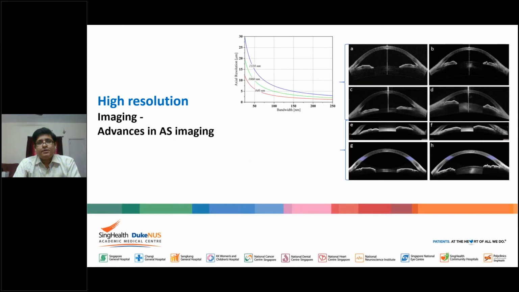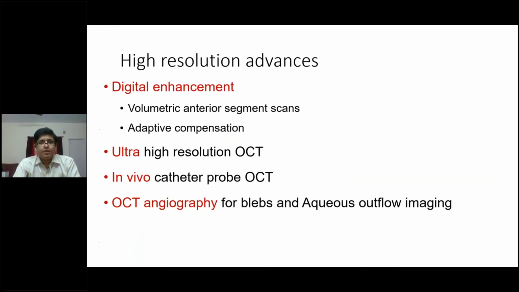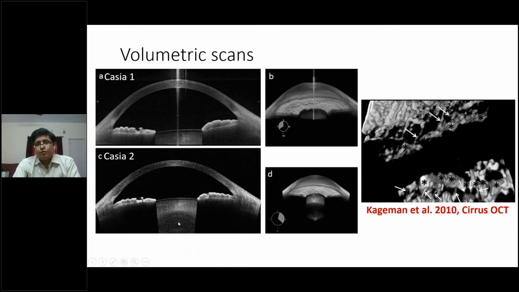Coming to high resolution imaging, this will be the last part of my talk. With advancing high resolution technologies and computer speed, we are having digital enhancements of the images, ultra high resolution OCTs, and OCT angiography, which can be used for both open and angle closures. And we can see these volumetric scans, as you can see with the Cassia, giving some excellent details for the lens and the iris and the angle.